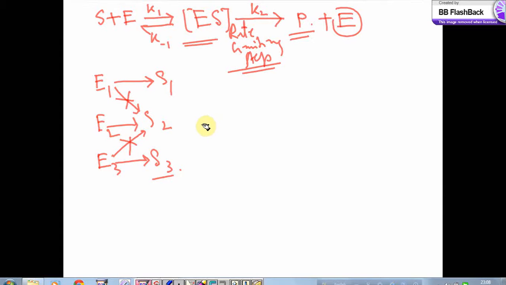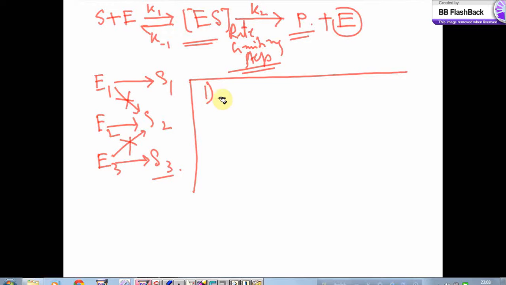And how do the enzyme and the substrate approach each other and how do they form a complex? If we have to get an idea of this, there are two hypotheses about this enzyme substrate complex formation.